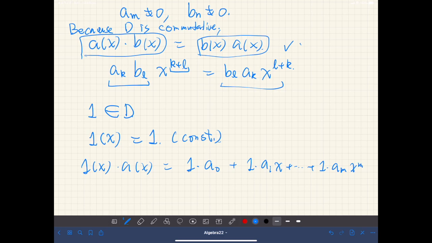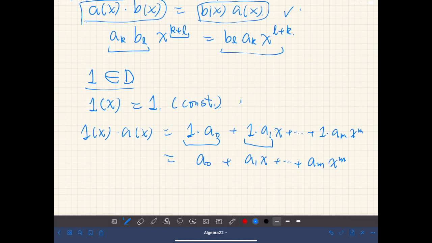Since this 1 is the identity element of D, this is equal to a0 and this is equal to a1 and so on. So 1 is the identity element of D of x.